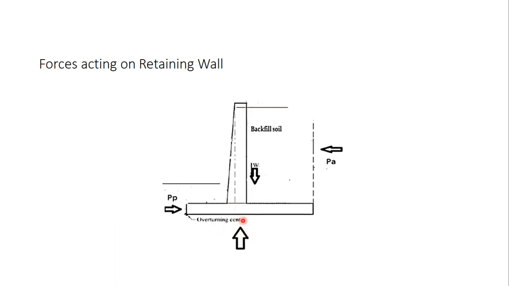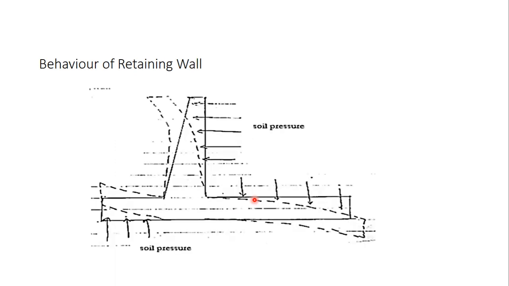Now the soil below the cantilever retaining wall will be exerting an upward reaction, because of which we will be having an upward pressure acting on the retaining wall. Now because of these forces, the cantilever wall tries to deflect somewhat like this. You see, here I have got active earth pressure, so it will try to push the cantilever wall.